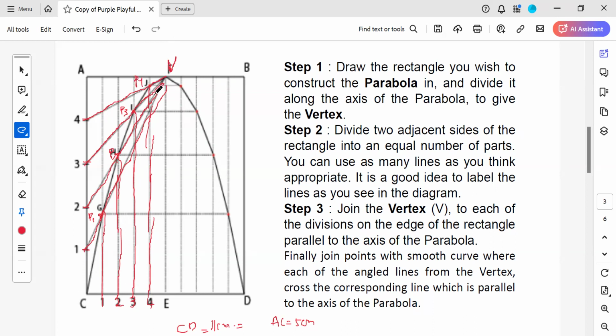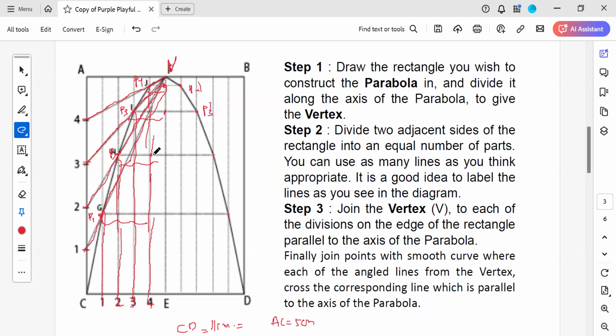Now with respect to the axis you measure the distance P4, P3, P2, and you extend the line and measure the same distance on the other side. For example, P4: with respect to the axis you mirror this length and you get P4 dash. With respect to the axis you measure P3 and place the same distance on the opposite side to get P3 dash.